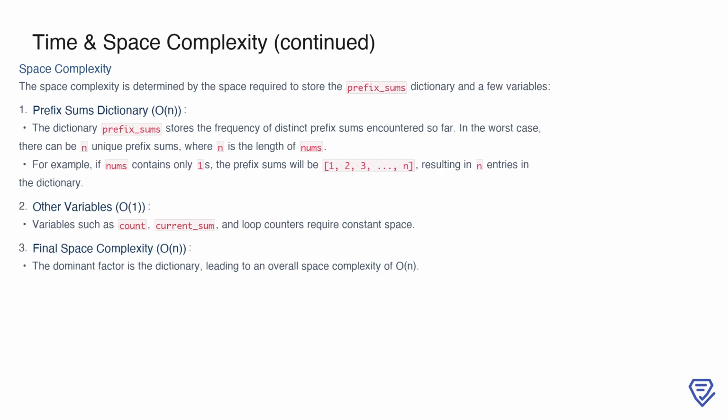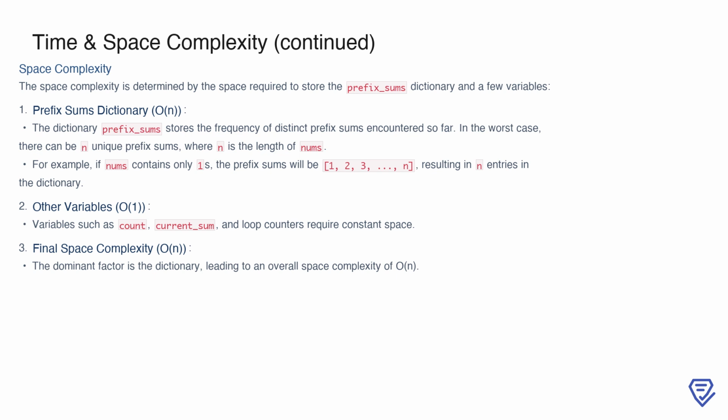Now, we focus on the space complexity of the algorithm, which is determined by the memory used to store the prefix_sums dictionary and a few auxiliary variables. The dictionary prefix_sums keeps track of the frequencies of prefix sums encountered as we iterate through the array. In the worst-case scenario, where all elements are 1s, the prefix sums will be distinct for each element, resulting in n unique entries in the dictionary.